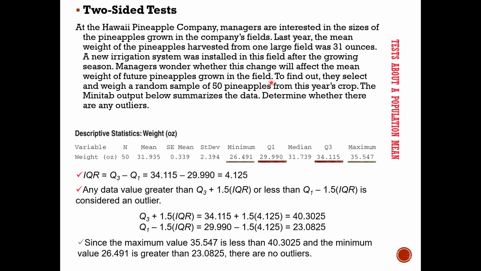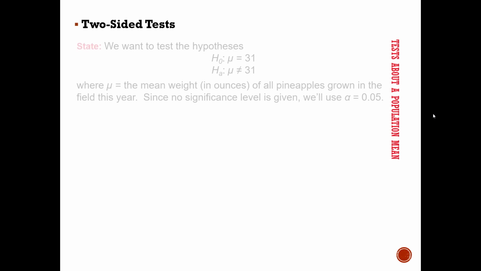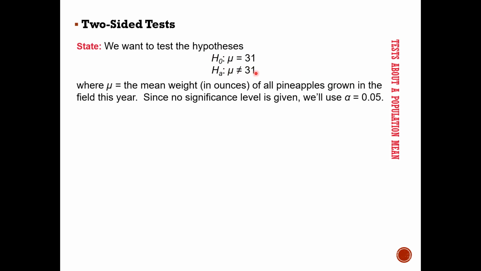But we don't necessarily have a direction there. So what we're going to do is use a two-sided test. That is to say that mu is not equal to 31, but not necessarily give a direction to it, okay? Since, again, no significance level is given, we're going to use alpha of 0.05.